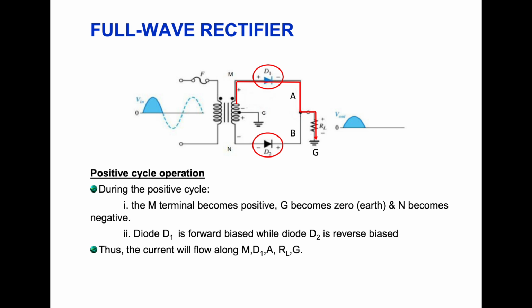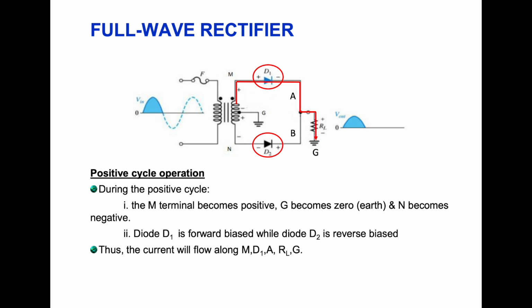And then during the positive cycle, the M terminal here becomes positive, and this G here becomes 0, and N becomes negative. So the diode D1 is forward biased, while diode D2 is reverse biased.